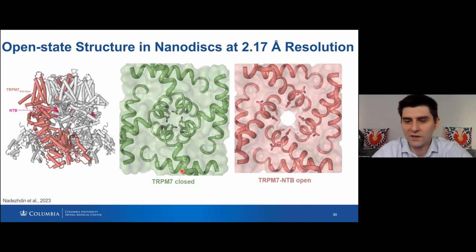So again, the pore is much wider than in the closed state, and our colleagues who run the simulations also confirm this is indeed the open state. It can conduct ions and water.